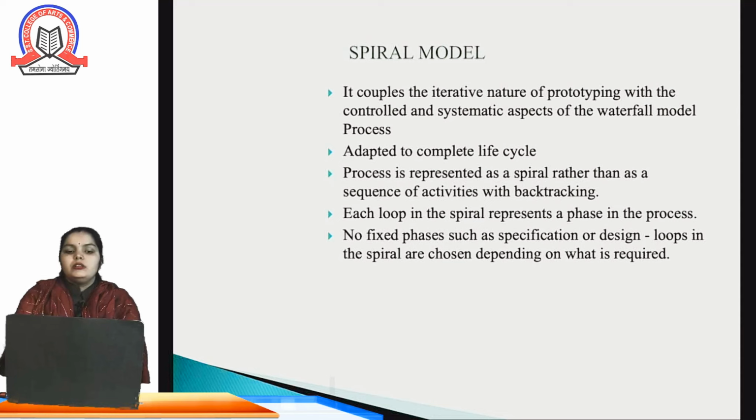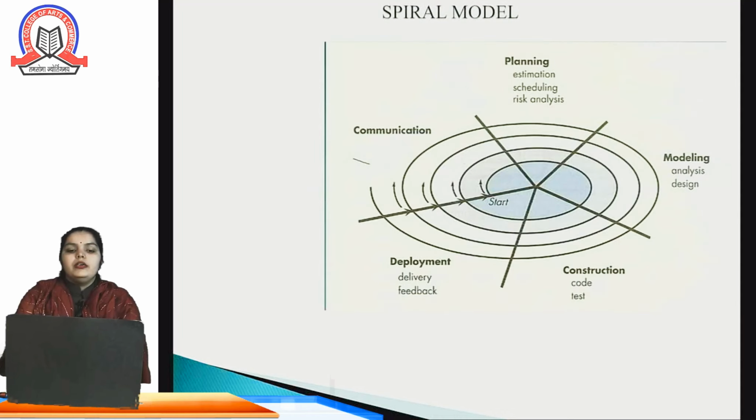There are no fixed phases such as specification or design. The loops in the spiral are chosen depending upon what is required, so everything is designed as per the requirements. Here is a diagrammatic form of the spiral model.